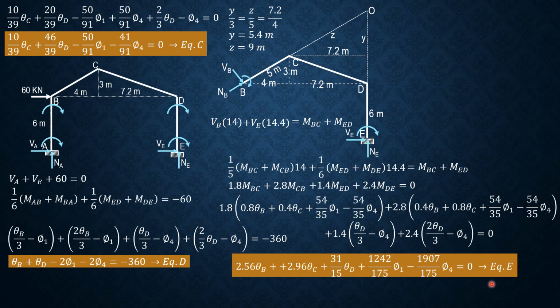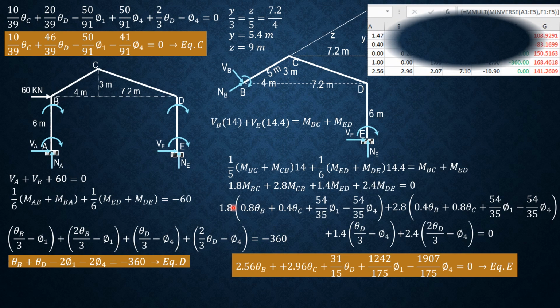Equation E. So solving equations A, B, C, D, and E using Excel, because this is 5 simultaneous equations, I will not present the solution by reducing it to 3 equations in 3 unknowns. You may do that in your free time, but for this case, I'll just use Excel in solving for the 5 unknowns.